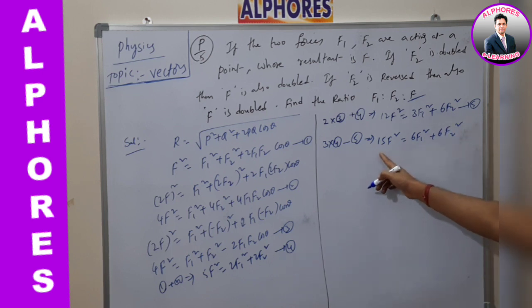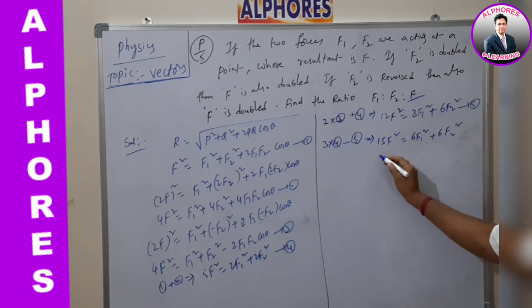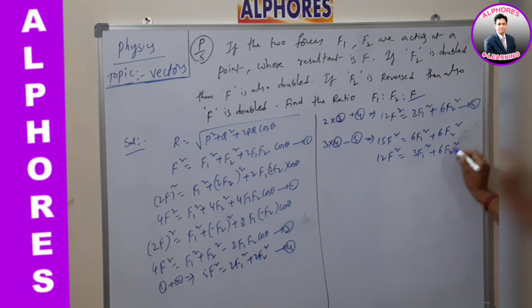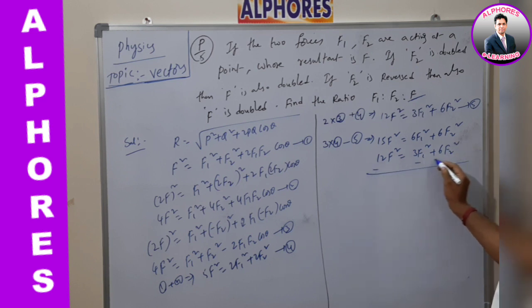And subtract this one, 12F square is equal to 3F1 square plus 6F2 square. By subtracting both equations, these two cancel together.